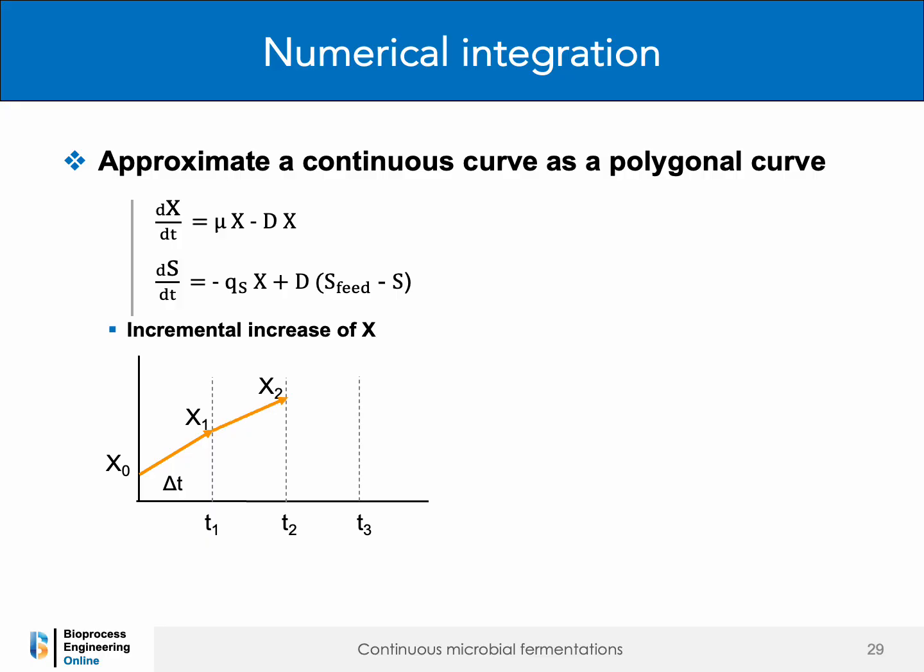At time t1, the derivative dx over dt is recalculated using the updated values of the state variables, and a new straight-line segment is drawn up to time t2, giving the concentration x2. This procedure is repeated to compute x3 and the subsequent biomass concentrations over the entire time interval of interest.